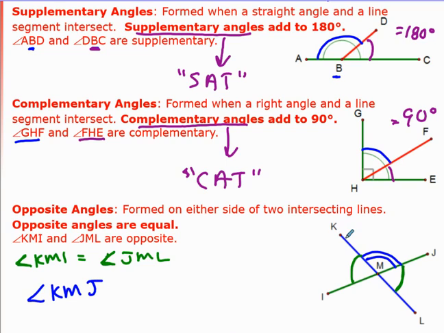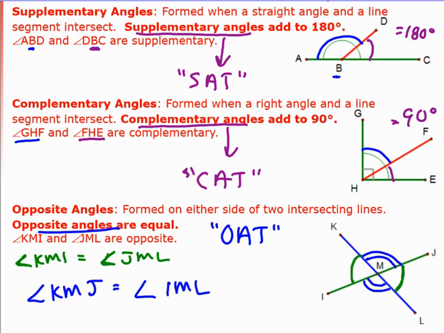KMJ is equal to angle IML. Now this is called opposite angles, so it's called the OAT theorem, opposite angle theorem.